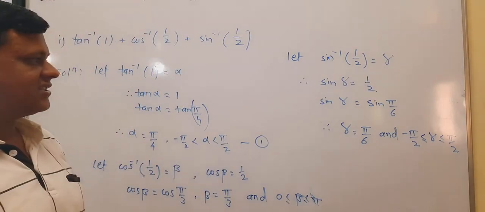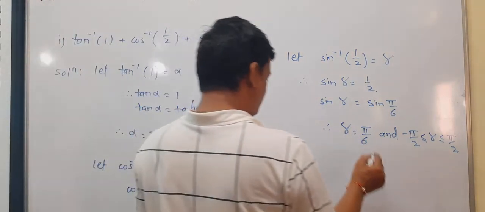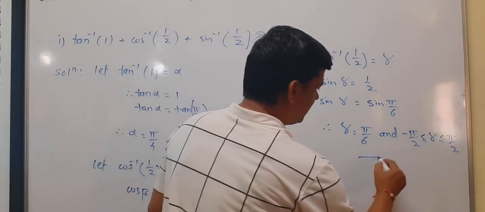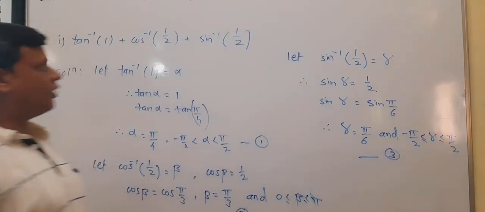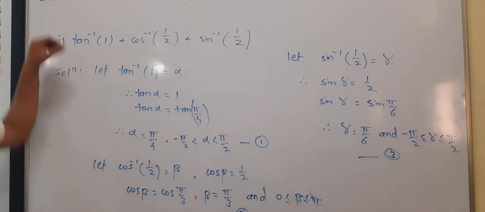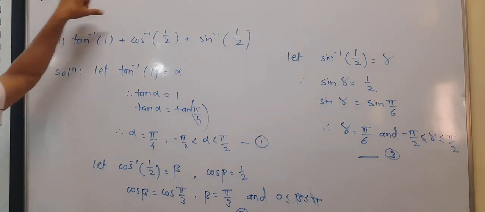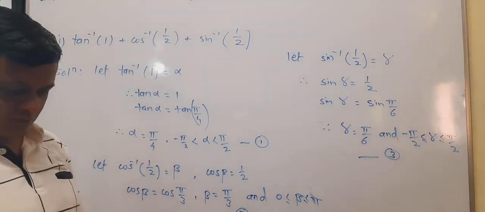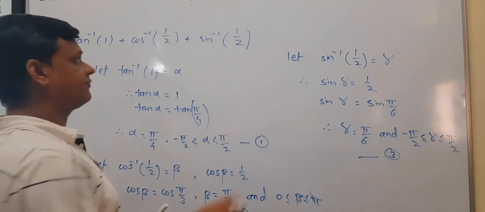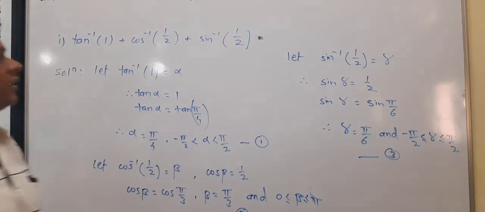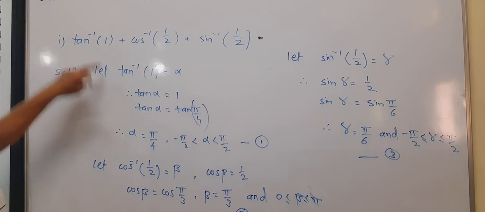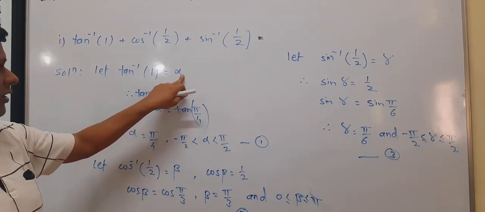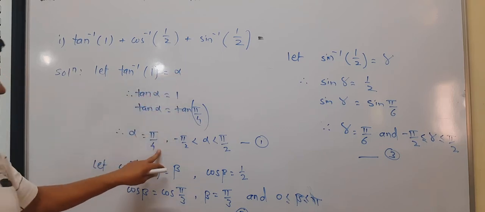Now all the conditions are satisfied, so we have to substitute. We denote it as equation number 2. This is equation number 3. So from equations 1 to 3, we substitute the values of tan inverse 1, cos inverse 1 by 2, and sin inverse 1 by 2. In the final result, we add tan inverse 1, which we substituted as alpha, and the calculated value is pi by 4.